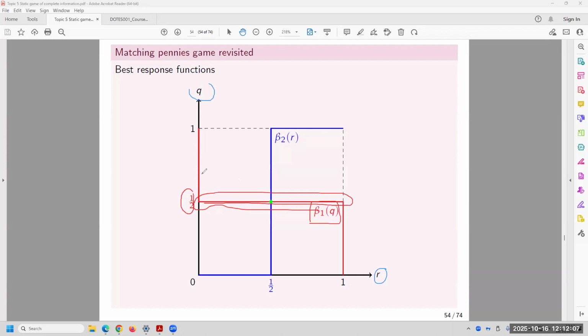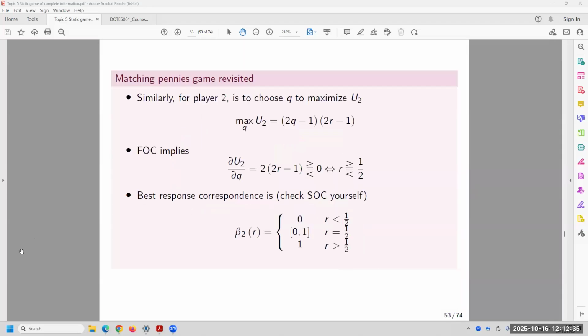If the other guy is more likely to choose head, which is here, you would choose tail, which is 0. If the other guy is more likely to choose tail, you would choose head. So this is the tail, this is head, and at 1/2 it doesn't really matter to you. Okay, and you can do the same for player 2.